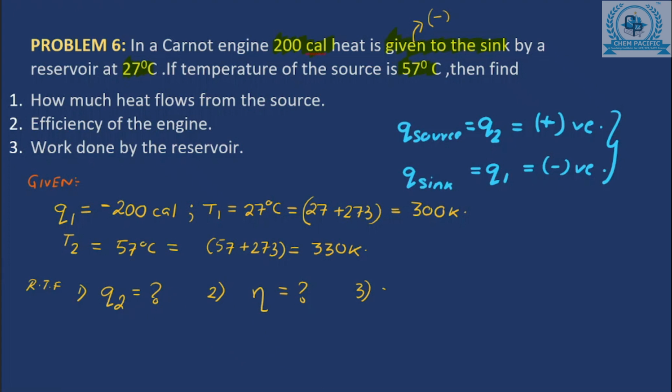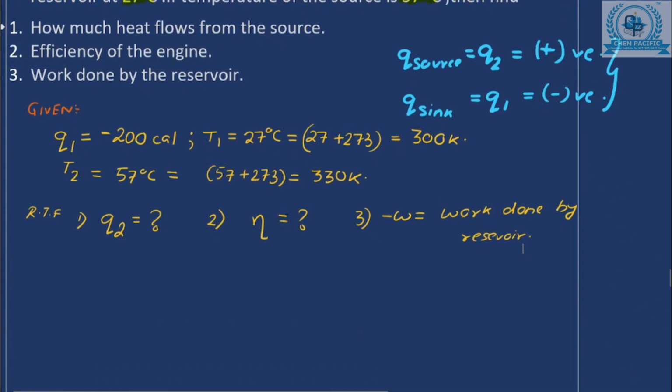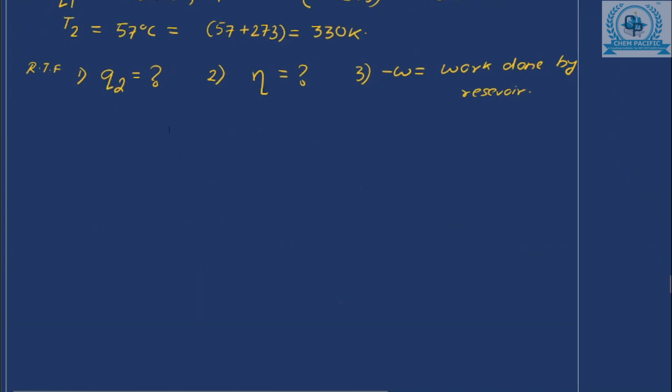So they are asking for the minus W, and this is the work done by the system, by reservoir. So these are the 3 quantities they are asking for, and these are the 3 data they have given you. Now let us solve the problem.